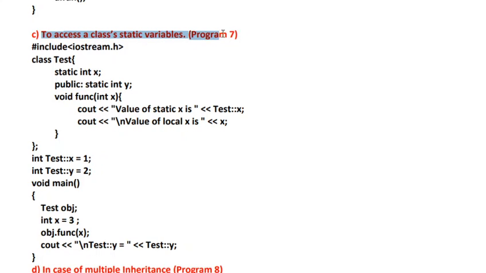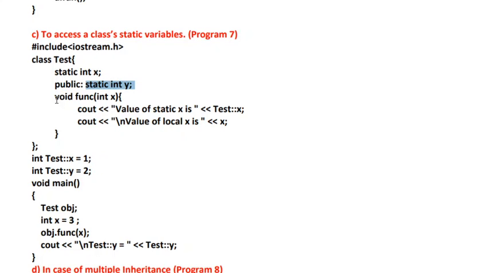It has been listed in program 7. Here we have taken up a class test, and we have a variable x declared as static, so static int x, and static int y.